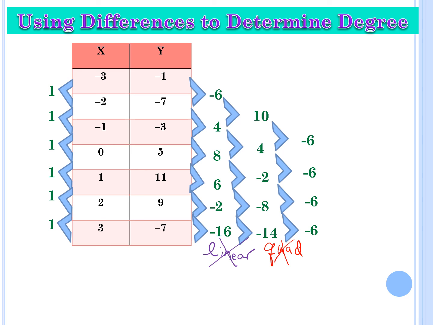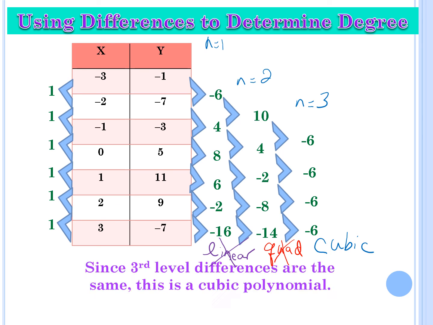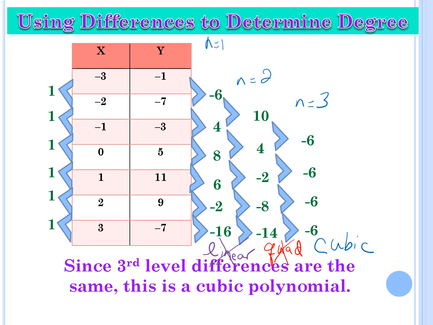So, since the third level differences are the same, we can say that that function is a cubic. So this would be n equals 1, this would be n equals 2, and this would be n equals 3. So you can use your differences to help you determine the degree. Since third level differences are the same, it is a cubic polynomial.